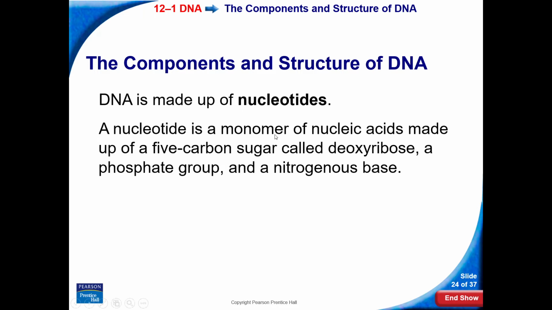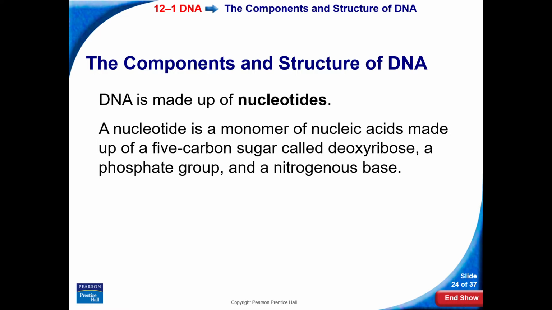And each one of those nucleotides is going to be made up of 3 other individual molecules. And you need to know that. Each nucleotide is made up of a 5-carbon sugar, and that's called deoxyribose. We're going to see another type of nucleic acid that we'll talk about later on. It's called RNA. And the only difference between deoxyribose and ribose is that deoxyribose has 1 less oxygen atom, which is why they call it deoxyribose.